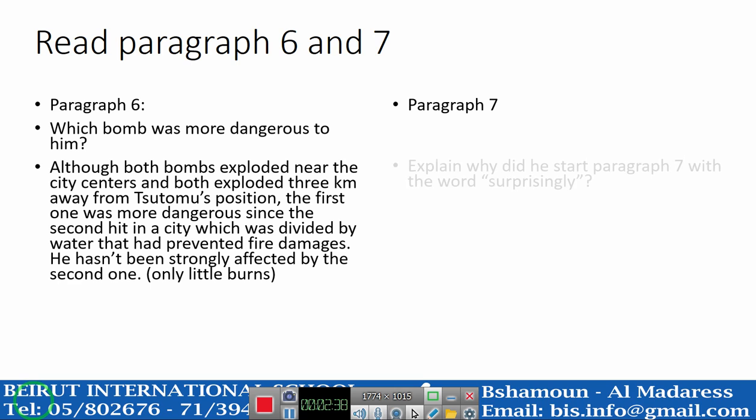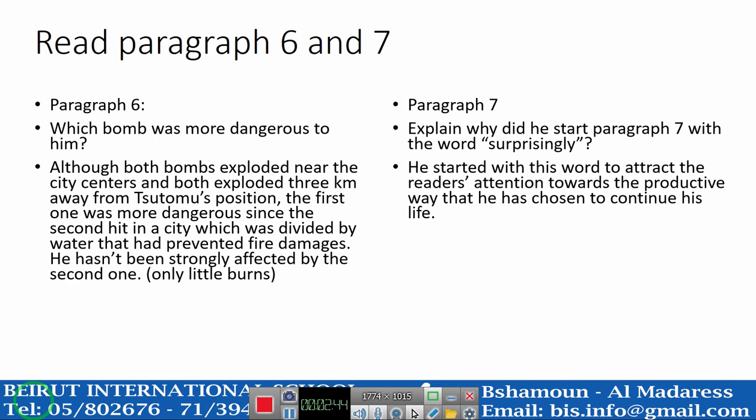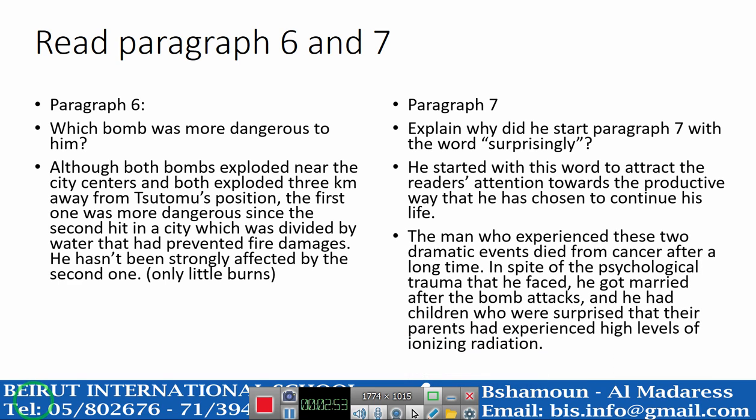In paragraph 7, explain why did he start paragraph 7 with the word surprisingly. He started with this word, of course, to attract the reader's attention towards the productive way that he has chosen to continue his life. So the man who experienced these 2 dramatic events died from cancer after a long time.